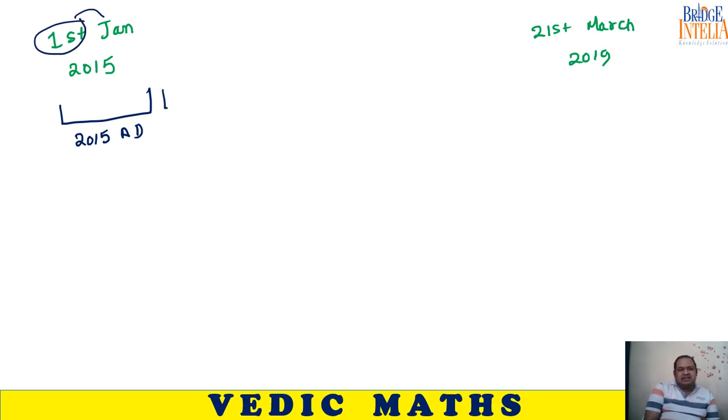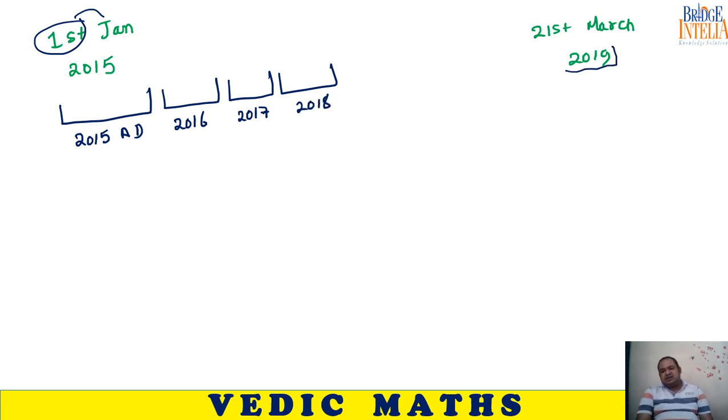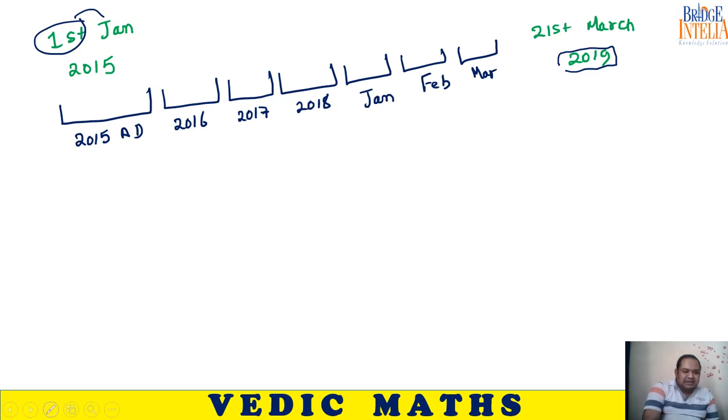So the entire year of 2015, the entire year of 2016, 2017, 2018, then the year 2019 started. Then came January, then February, and then 21st March. So how many days have you taken in each bracket? Year 2015 is a normal year.